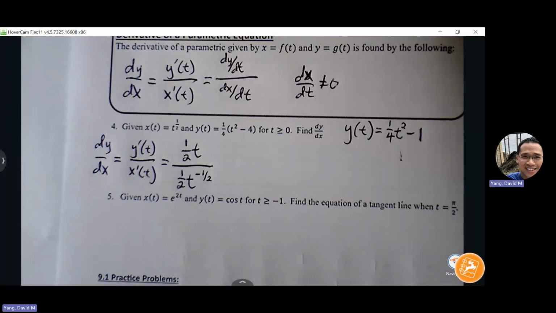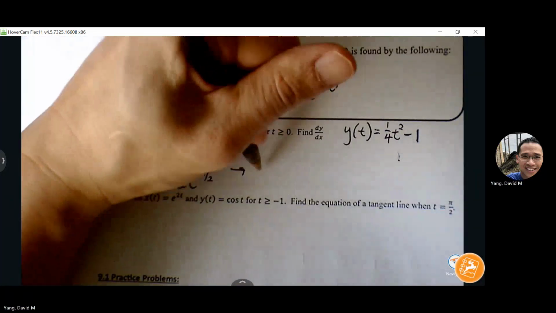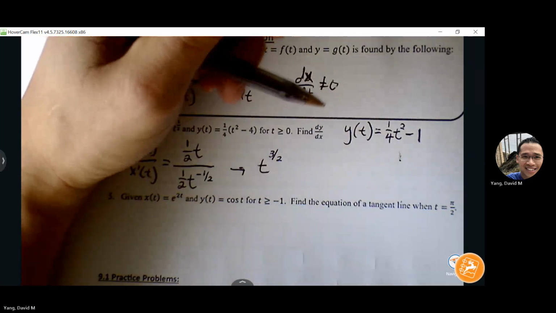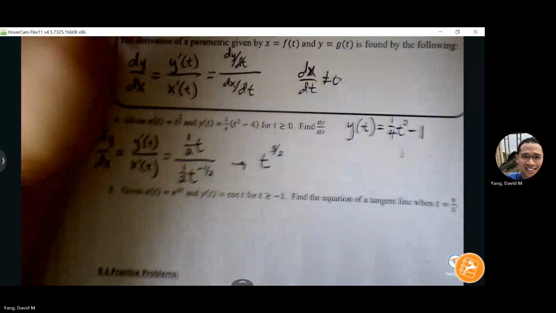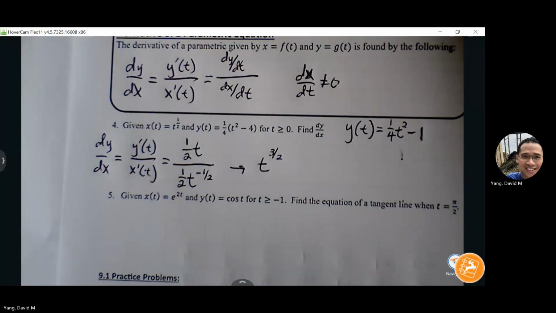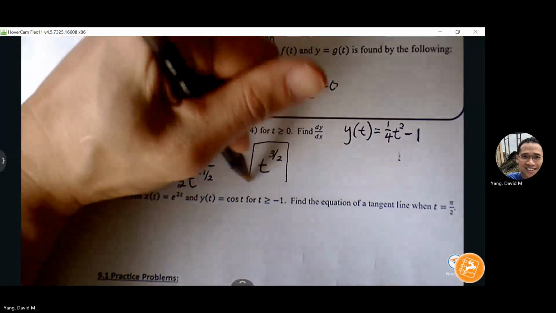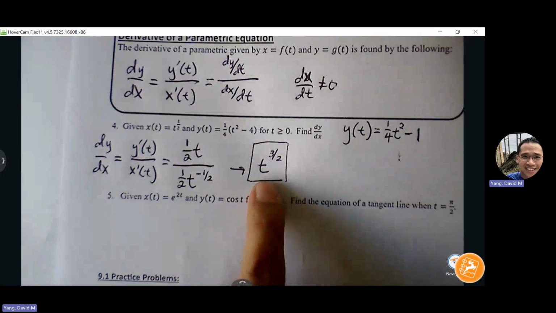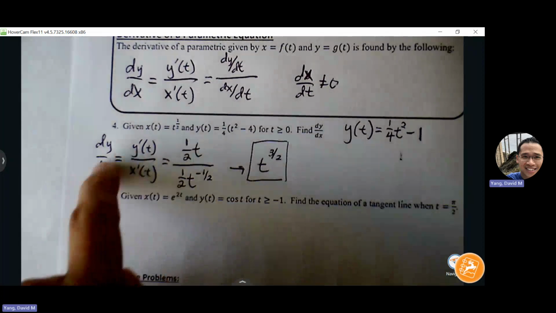I can subtract the exponents, 1 minus the negative 1/2. So the derivative of this curve is simply relying on t value. T to the 3/2 will give us the slope of any point on this curve.